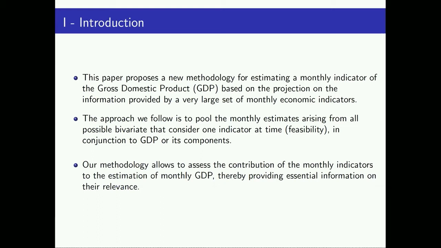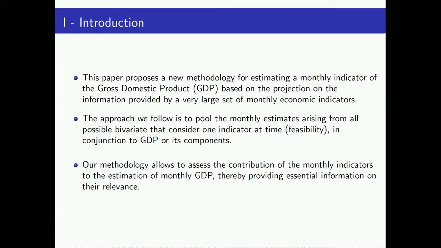Our methodology is partially based on the Euromind approach proposed by Tommaso in 2011, and essentially the estimation process is more or less the same. But what is different with respect to the previous approach is how we treat the number of indicators.